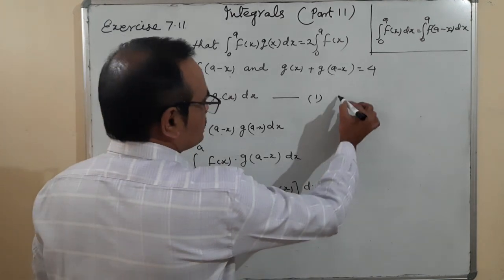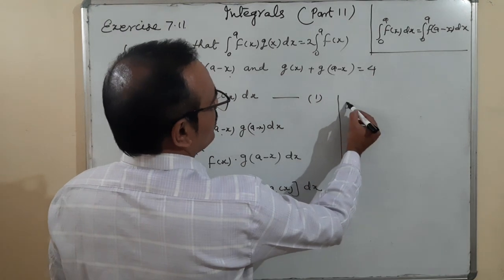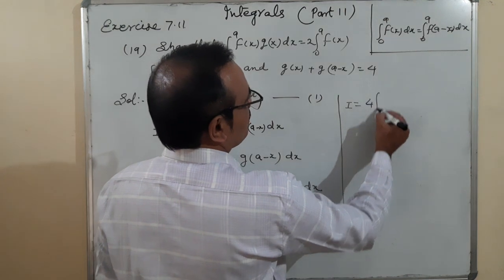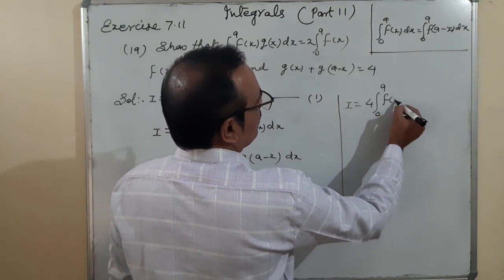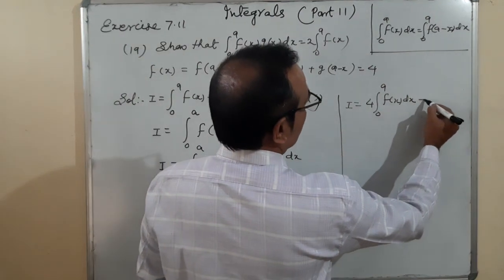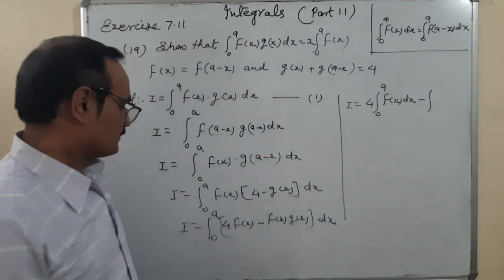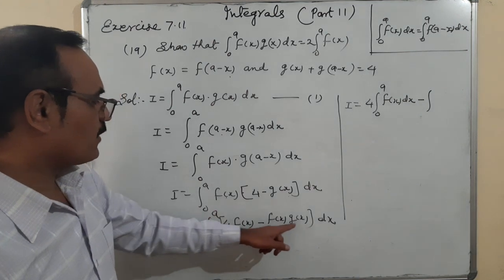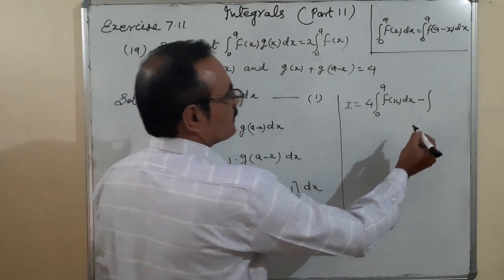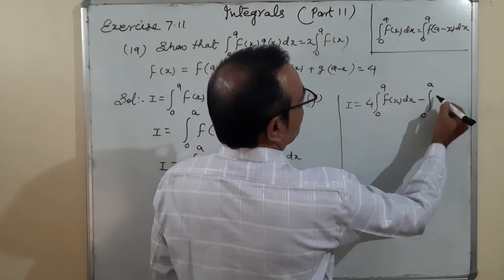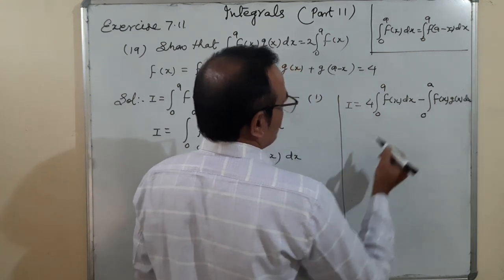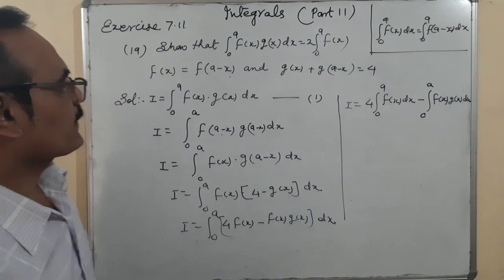Then what happens? I is equal to 4 outside, the integral from 0 to a of f of x dx minus the integral from 0 to a of f of x into g of x dx. Now look at this step.